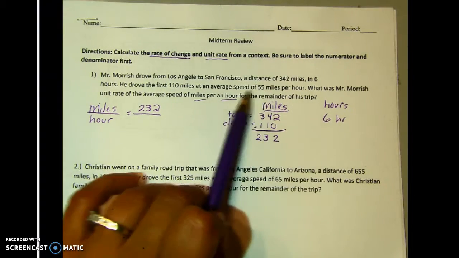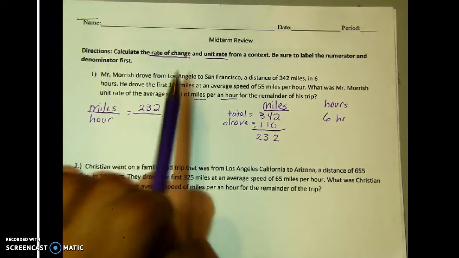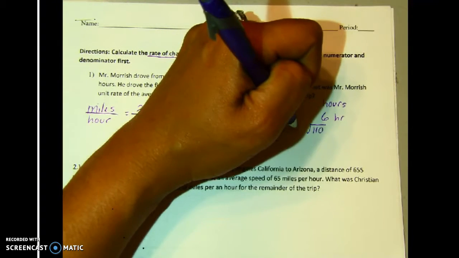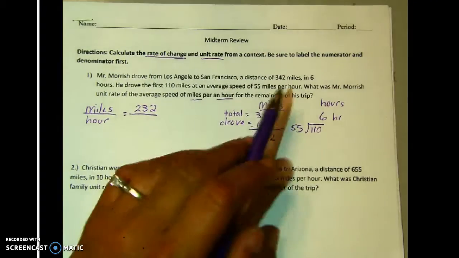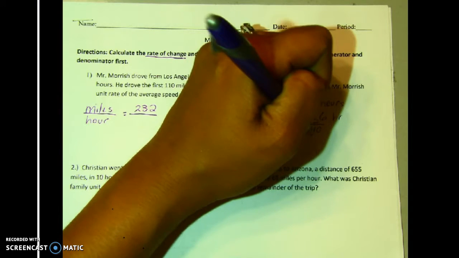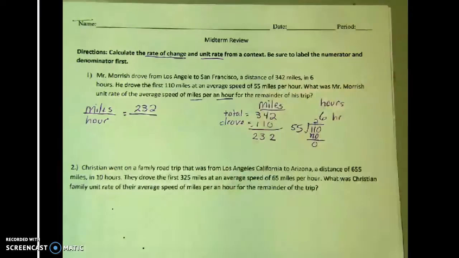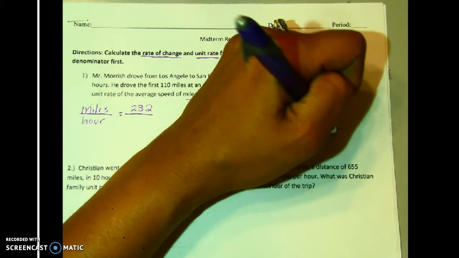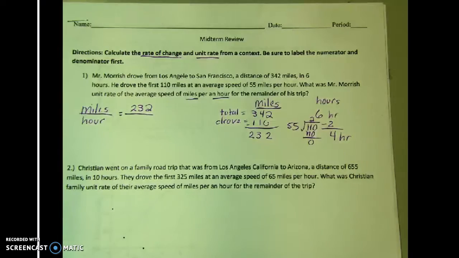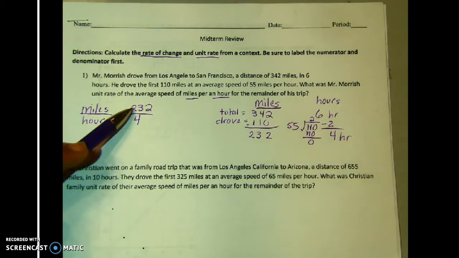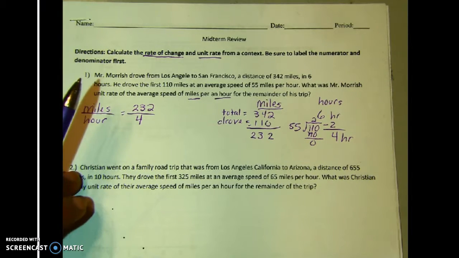To find out the time that he spent, we're going to divide: 110 miles divided by the amount of miles he did per hour, 55. And 55 will go into 110 2 times without a remainder. So if he had 6 hours, we subtract 2 and find out that it is 4 hours left in the trip. So we're going to put 4 hours here. He has 232 miles to do in 4 hours.